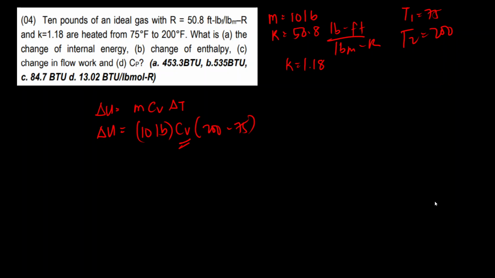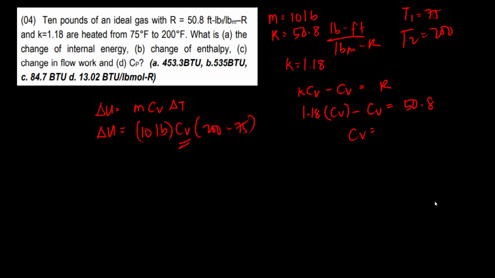Okay? So, yung kanina pa natin ginagamit na formula, k Cv minus Cv is equals to R. k, which is 1.18, Cv, which is being required, R is equals to 50.8.